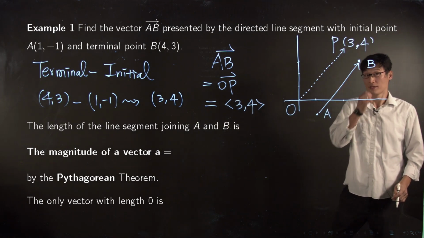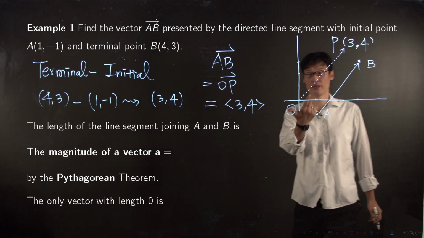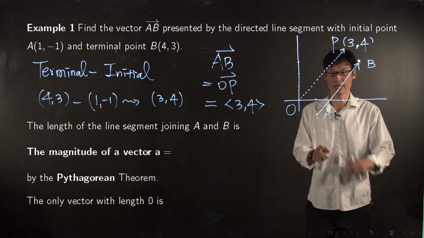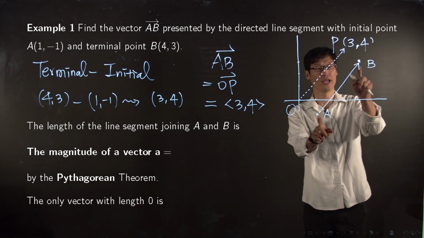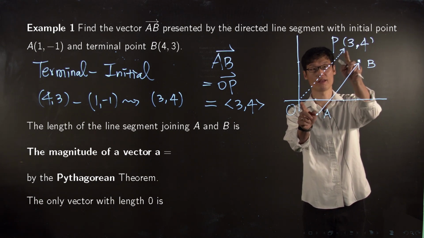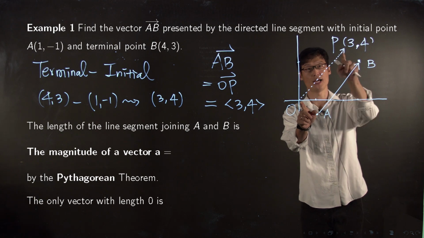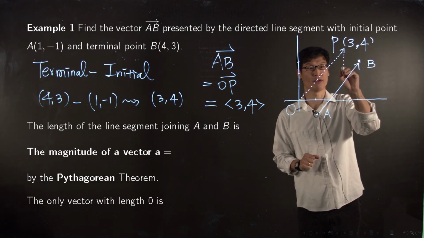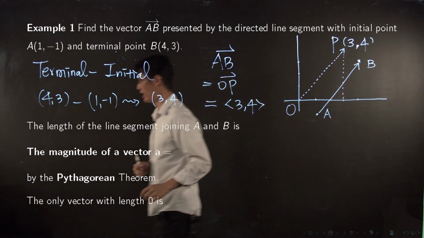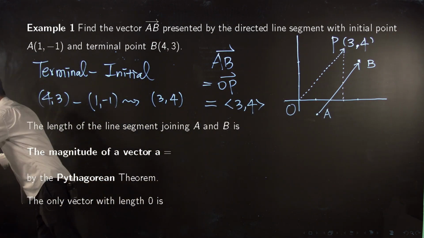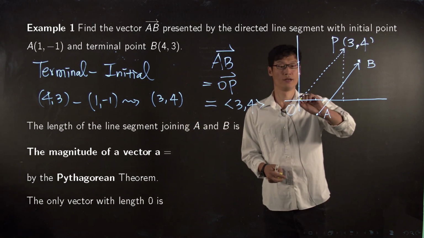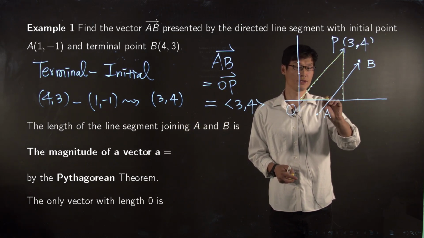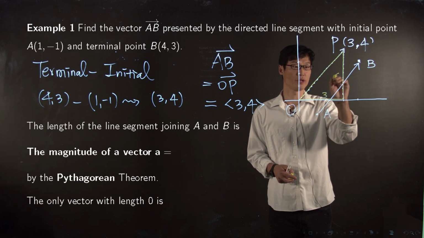All right. We can actually calculate the magnitude of this vector. The line segment joining A and B has the same length as this line segment. Now that the coordinate is 3, 4, you can think of a right triangle like this, with legs 3 and 4.